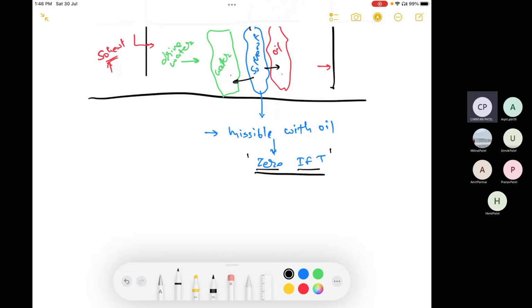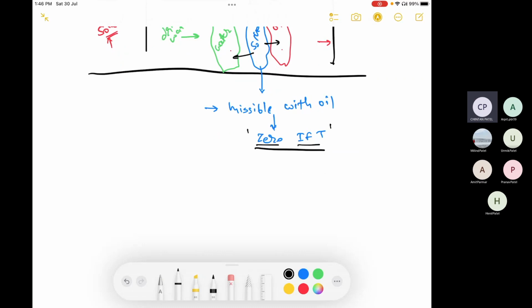So there are basically two categories of this method. Miscible flooding can be categorized into two methods.